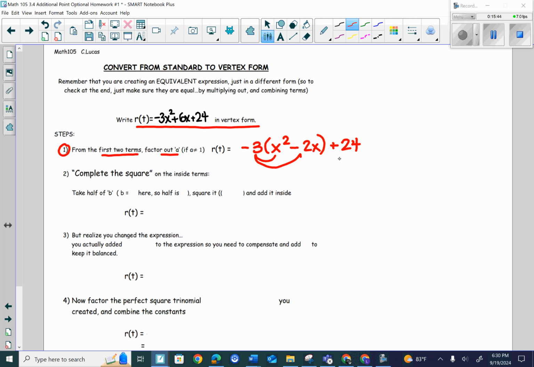Okay, so this phrase is still equal to r of t. It's exactly r of t. Haven't changed anything, just brought the -3 out of the first two terms. The next thing we do is complete the square on the inside terms. So we have this part of a trinomial square on the inside.